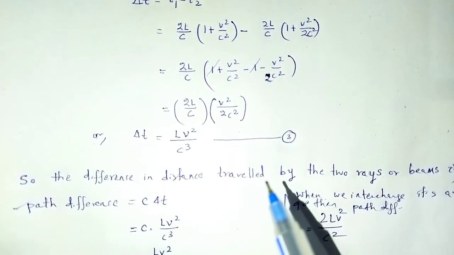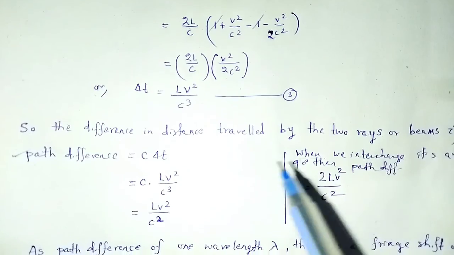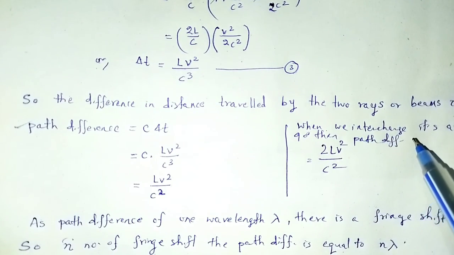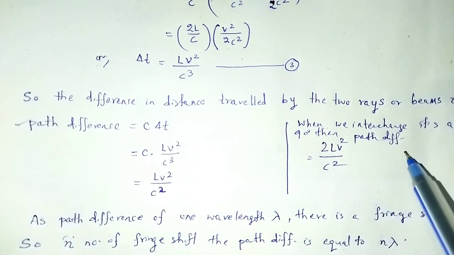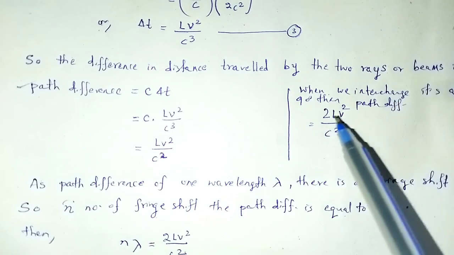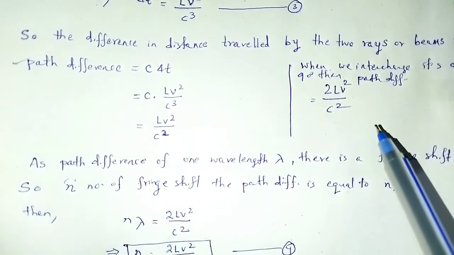As a result, there will be a path difference, and again by changing the positions of M1 and M2, or rotating by 90 degrees, we achieve another path difference.